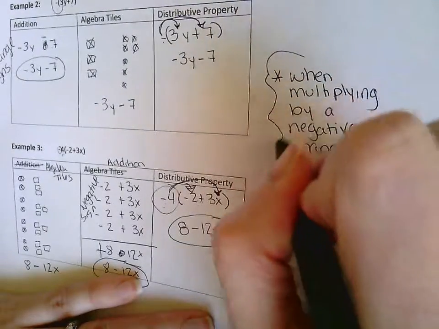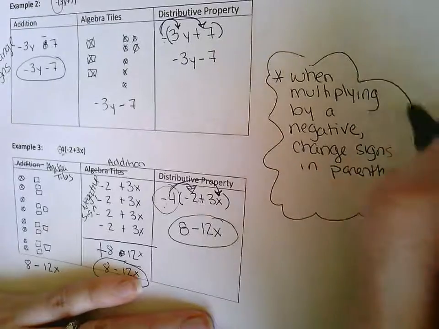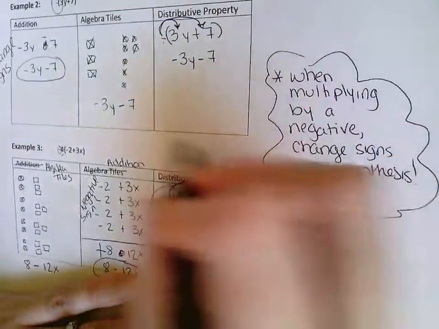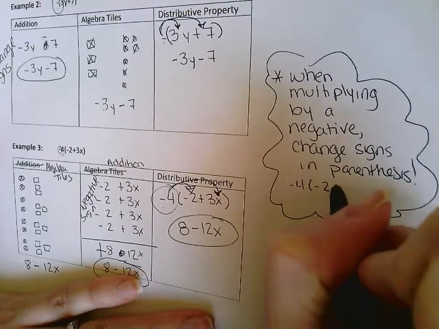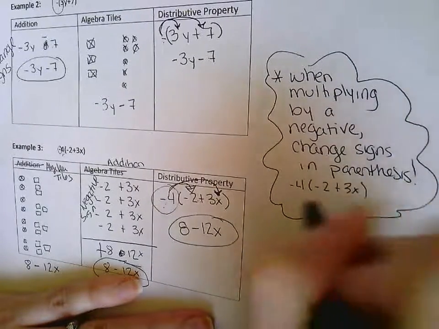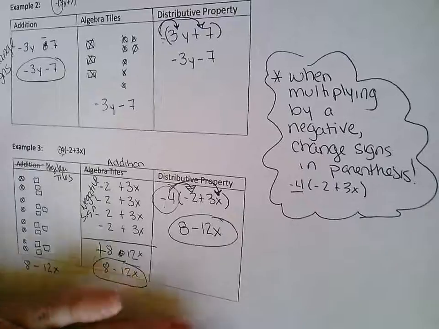Draw your bubble. And I would just write your example, minus 4 times negative 2 plus 3x, just so you remember what we're talking about here.